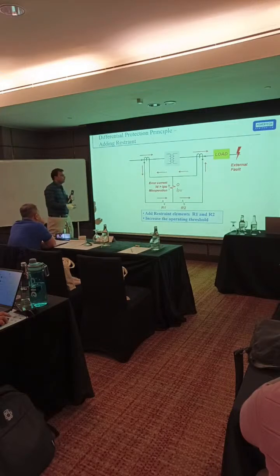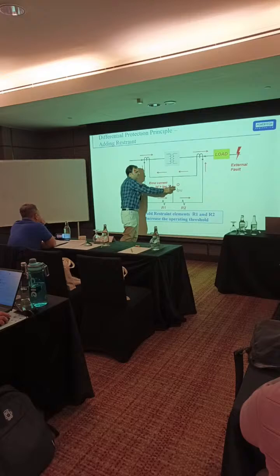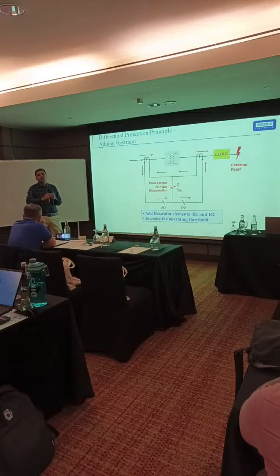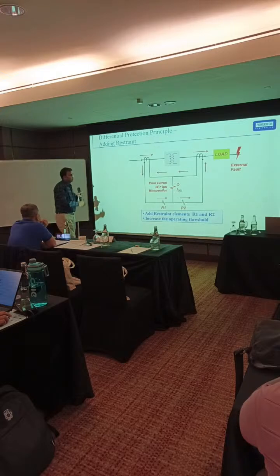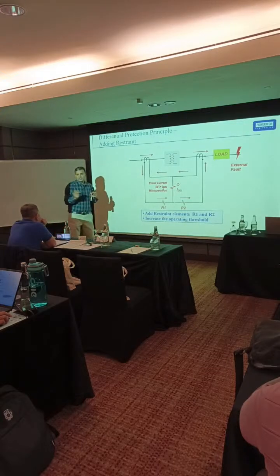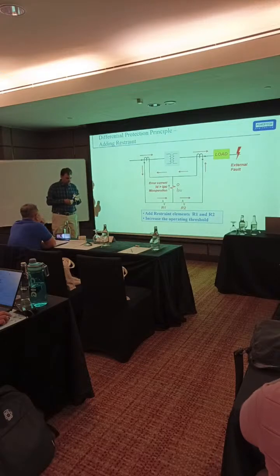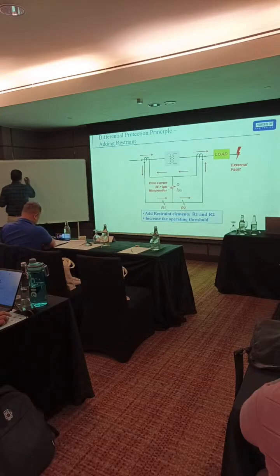If we have only one coil, then we can measure this current only. We only have control over that differential current, like moving the pickup point, so we are increasing the pickup setting. But if we require that slope, then we require a restraining coil, which can measure the current, and based on that take a decision. So like you have already seen the slope.